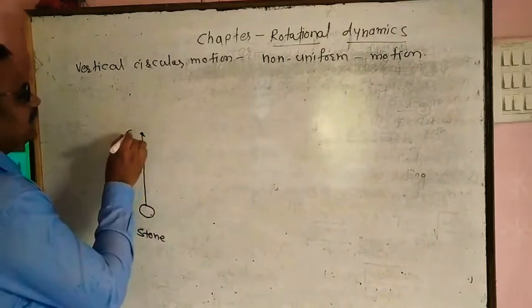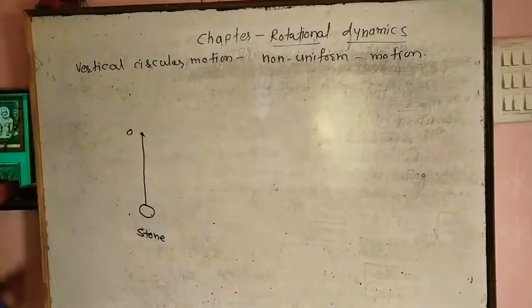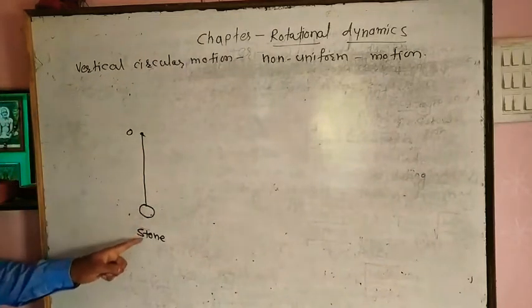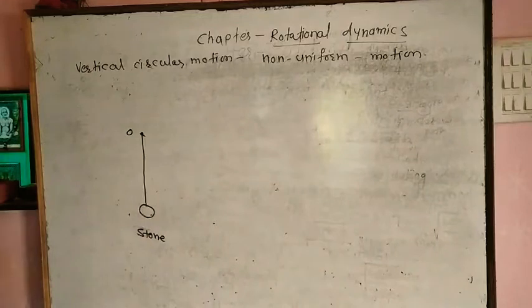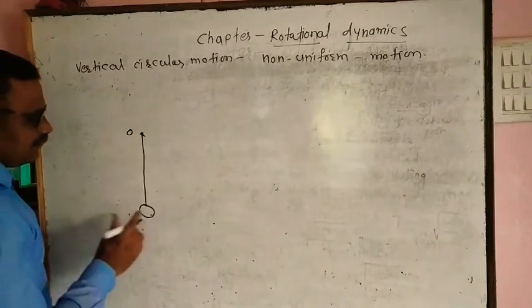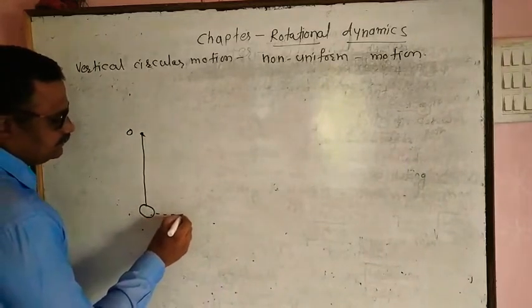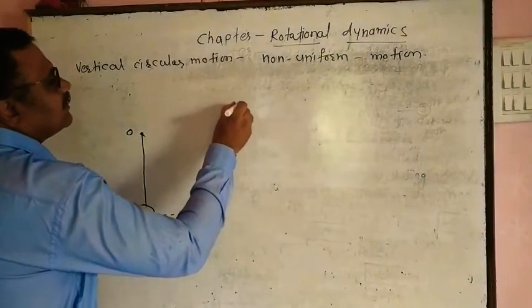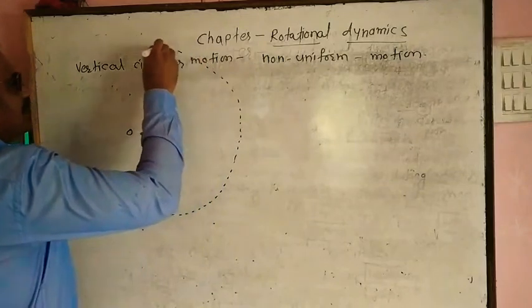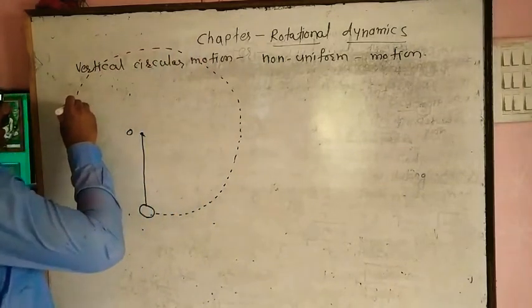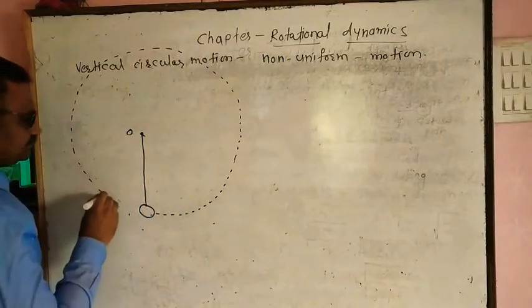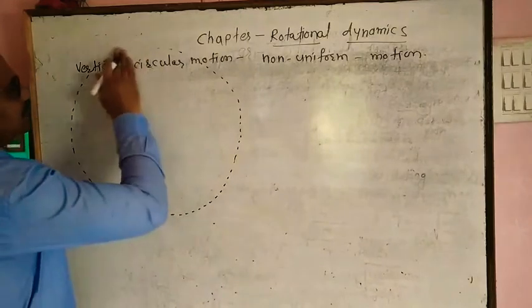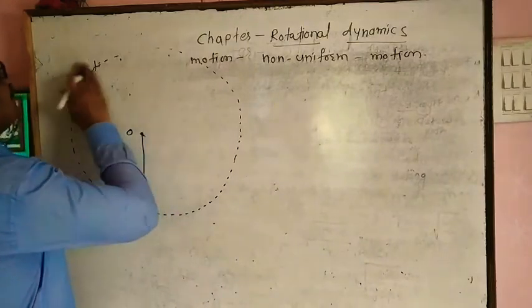One end of the string is fixed at point O. Now suppose we rotate the string in such a way that the stone performs motion in a vertical plane.